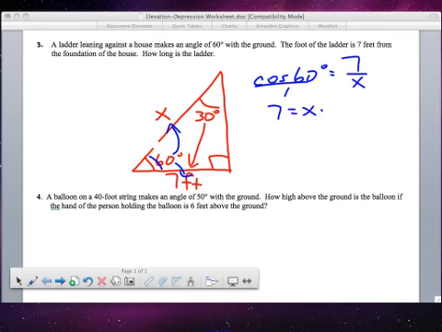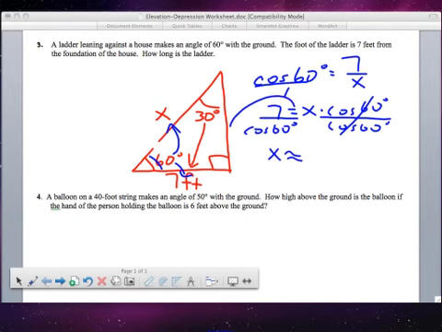Divide both sides by the cosine of 60 to get x by itself. And you end up with x is roughly, and again, just plug that into your calculator. So 7 divided by cosine 60, hit enter, and sure enough, you should get 14 feet.